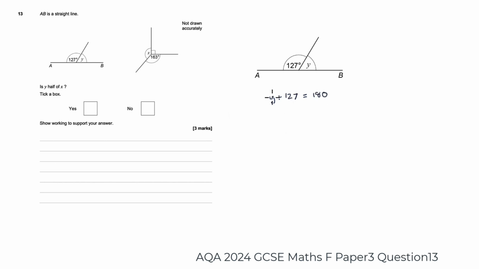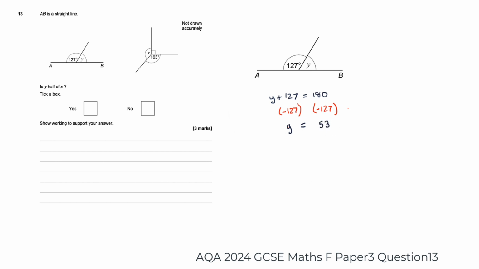So if I want to get y on its own, I do the inverse of adding 127. I'd be subtracting 127 from both sides. On the left, I get y on its own, and on the right, I get 53. You do that on your calculator.